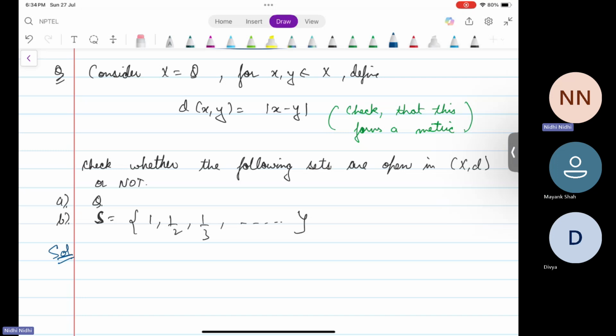So can you tell me whether the set of rationals will be open or not? As we are subtracting two rationals, we will get a rational, so I guess it should be open.